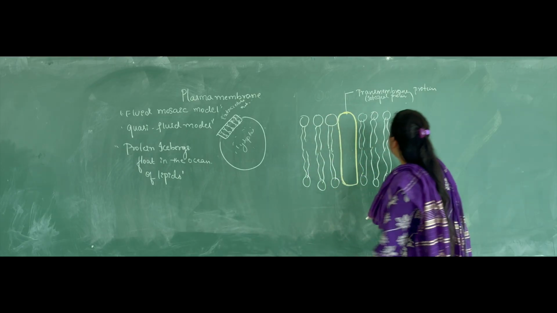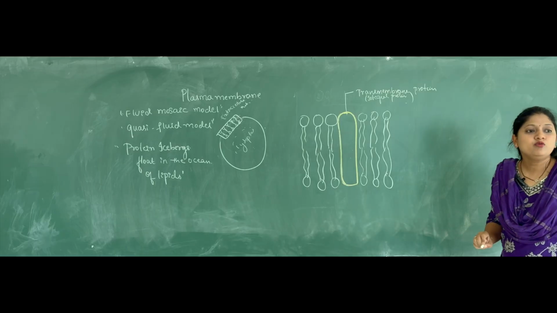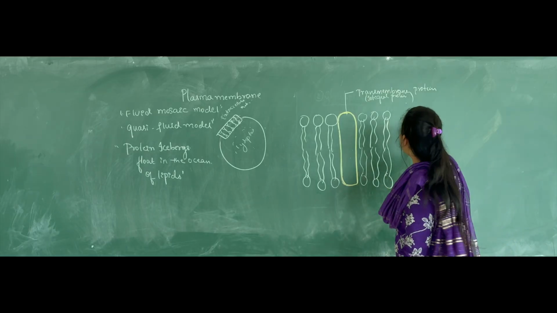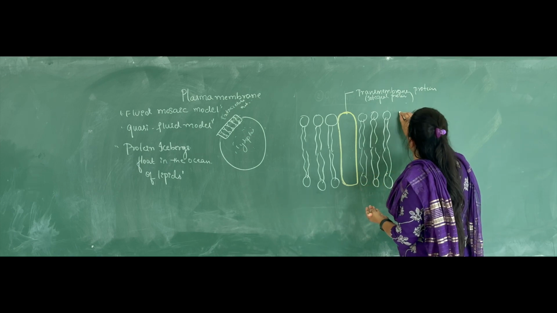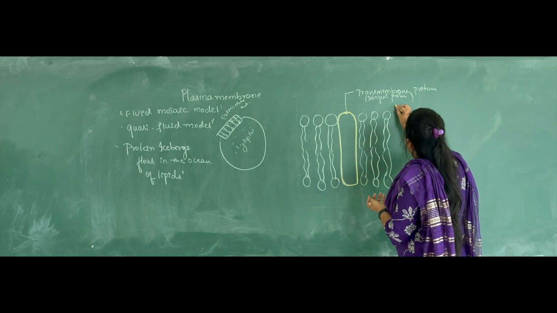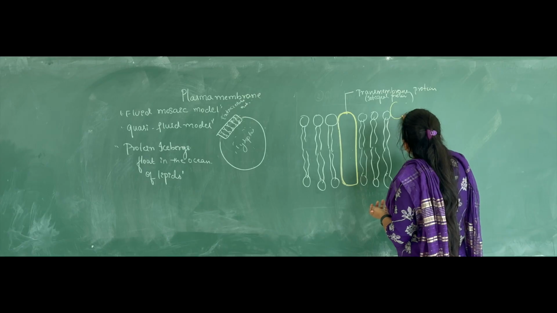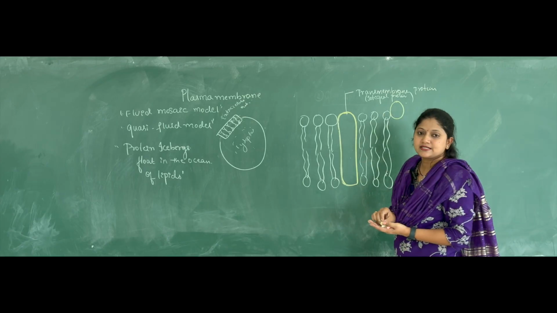However, now we also have one more type of proteins which are called extrinsic proteins. Extrinsic proteins are usually attached to the outer layers like this.